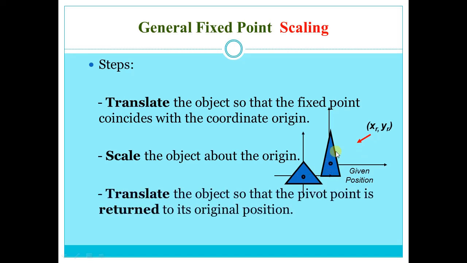The last one is inverse translation. It means translate the object so that the pivot point is returned to its original position. Again this triangle comes back to its home position. That is nothing but inverse translation, and this is the final answer. That is general fixed point scaling.